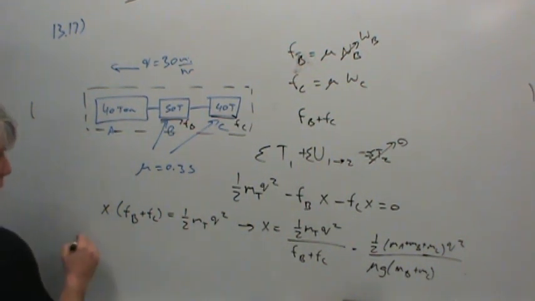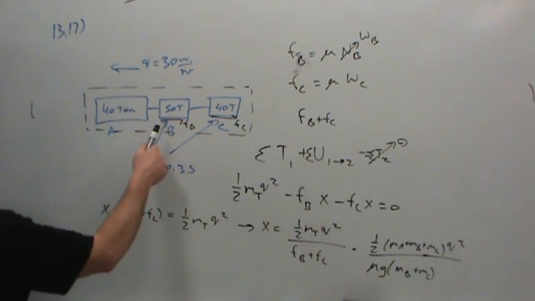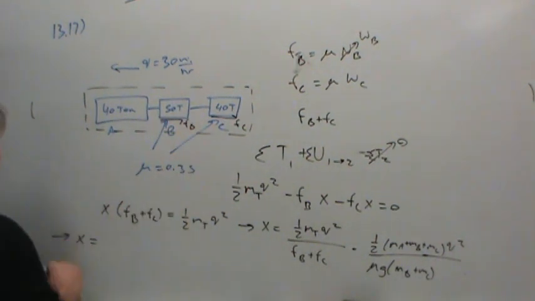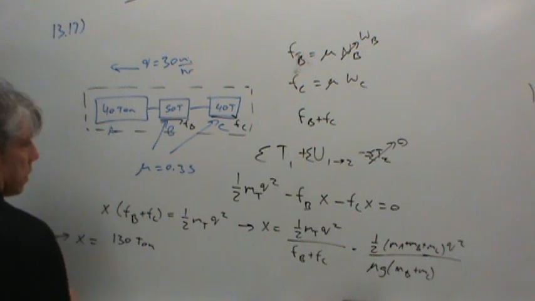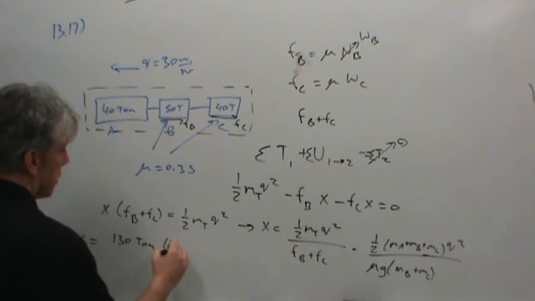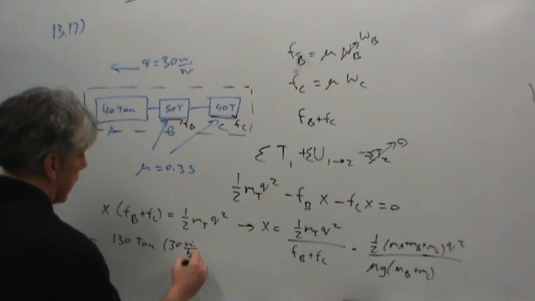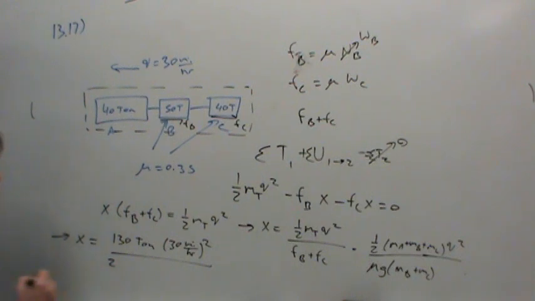So basically the distance that we need in order to stop is the total mass, which is what? 40 and 40 is 80. 80 plus 50 is 130. I don't remember if tons are technically weight or mass, times 30 miles per hour squared divided by, I'm going to take this 2 to the denominator.